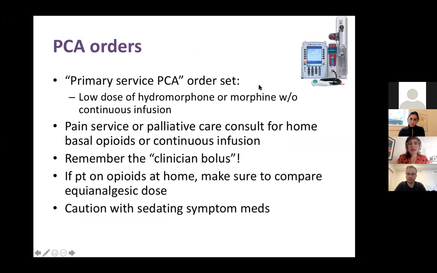The PCA that you can order, the primary service PCA order set, is a low dose of hydromorphone or morphine without a continuous infusion. I talked already about patients in whom you might consider ordering this. Again, if they're on home basal opioids or a continuous infusion, then you do need a consult.